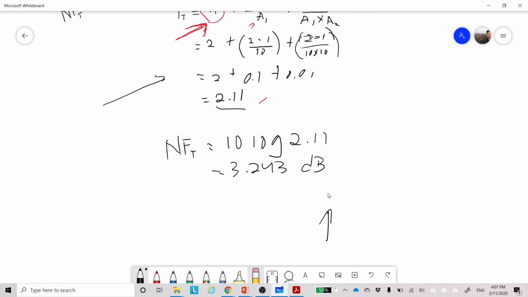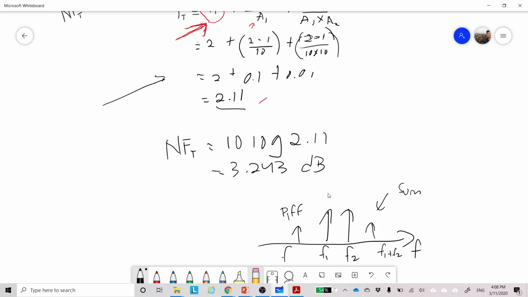Okay, pada part C, you have F1 and also F2, and then you're gonna have the sum and also the difference. So this is a sum and this is the difference. This is supposed to be F1 plus F2. This is supposed to be F1 tolak F2.